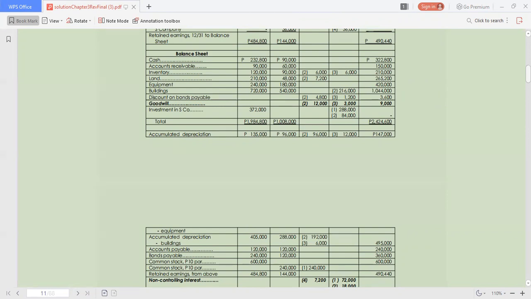But in our credits, we have now investment in S company for the amount of the investment in subsidiary, since there are adjustments to the overvaluation and undervaluation of the account.